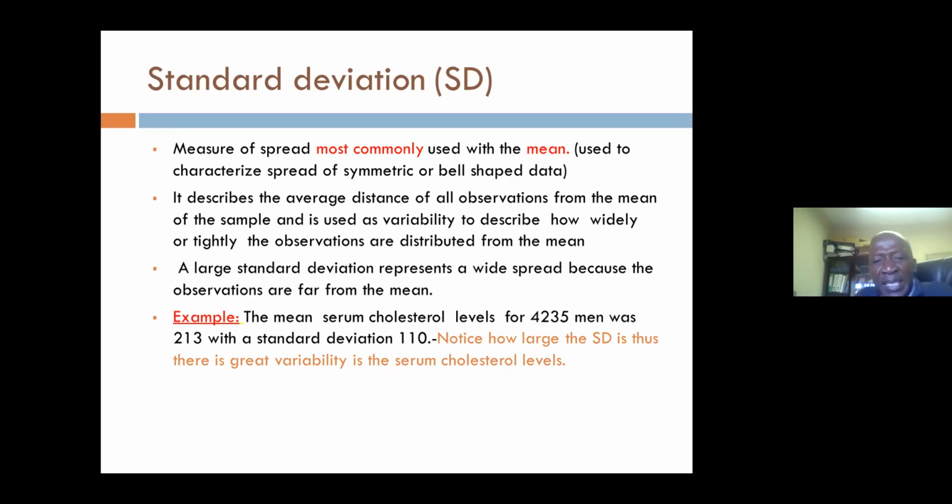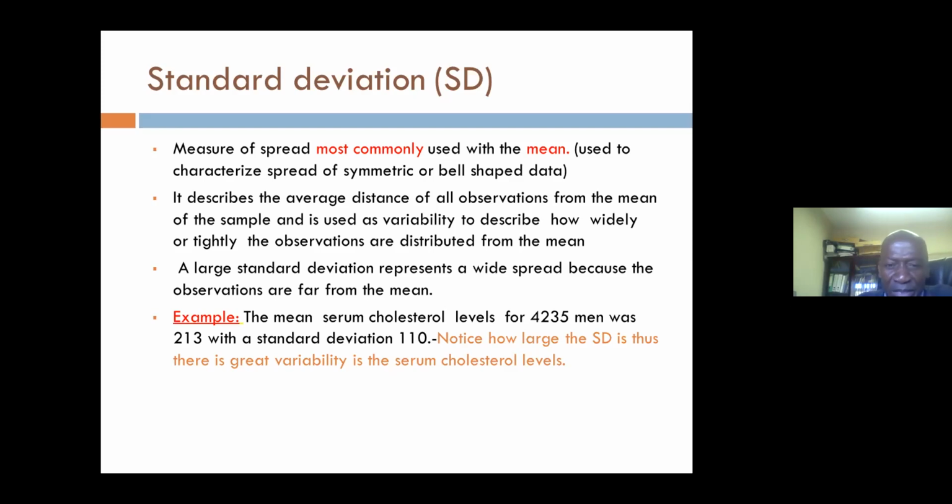So a large standard deviation represents a wide spread, because the observations are far from the mean. If the standard deviation is zero, that means we are dealing with a constant. All the observations will have the same measure. But in biological systems, there's always variation in the measures that we encounter.